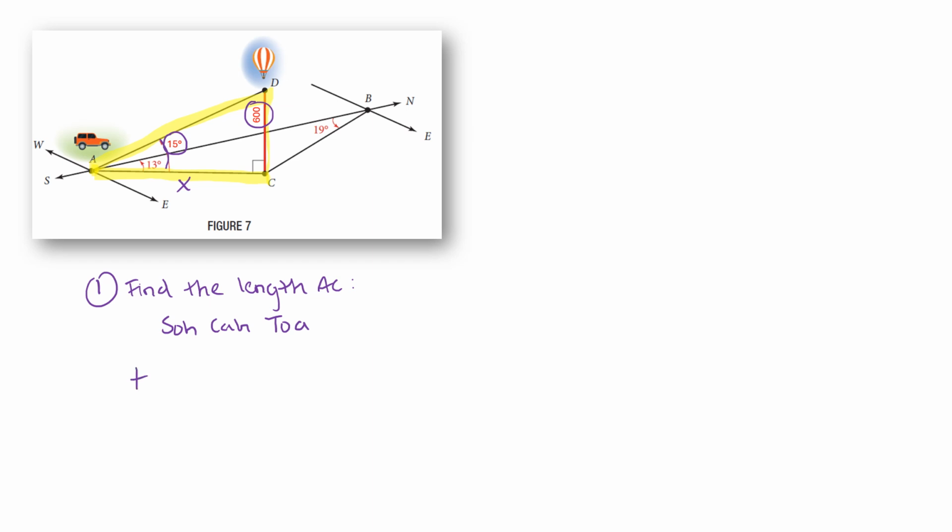So the tan of 15 degrees equals 600 divided by x, so x equals 600 divided by the tan of 15. Substituting that into our calculator, we get an estimate of 2,239 feet.